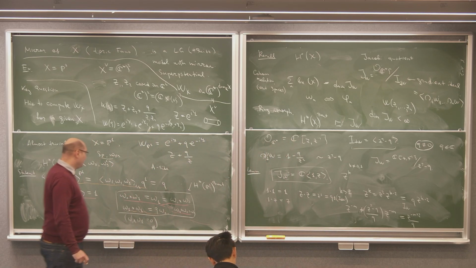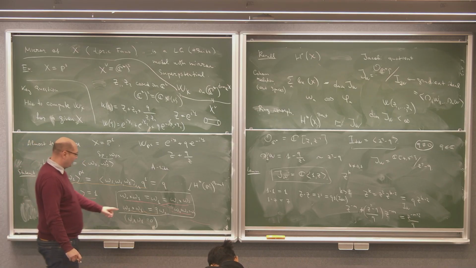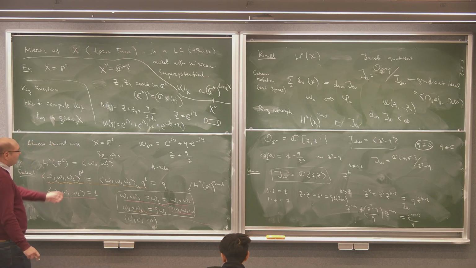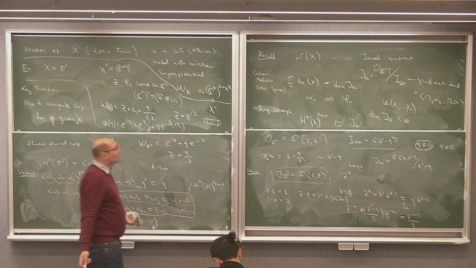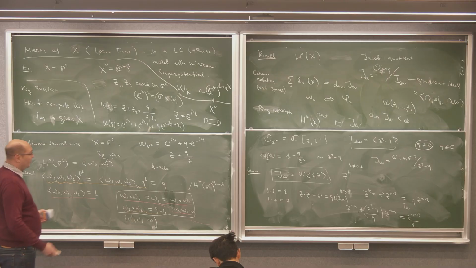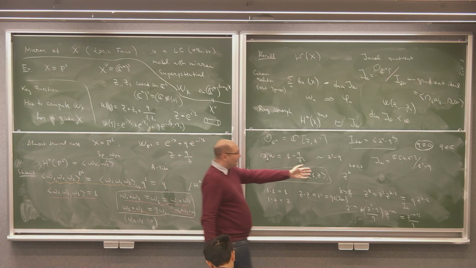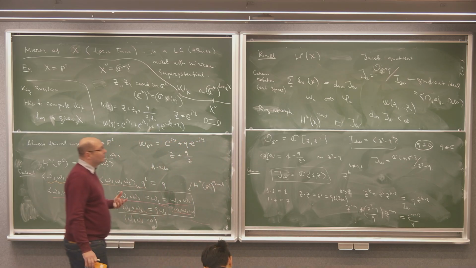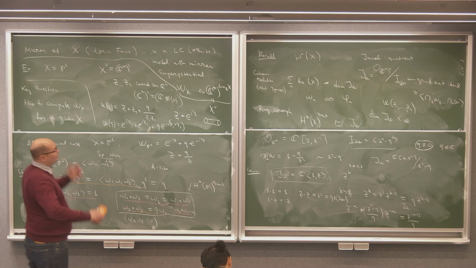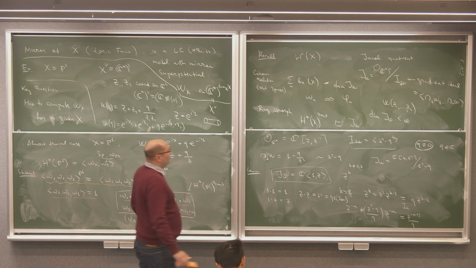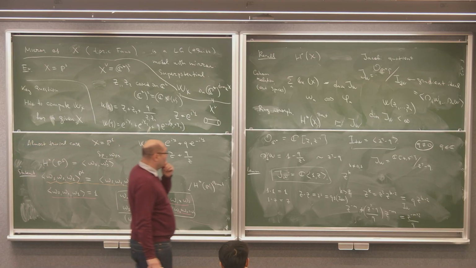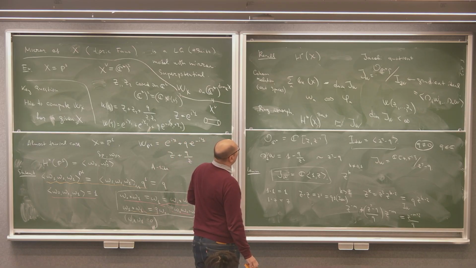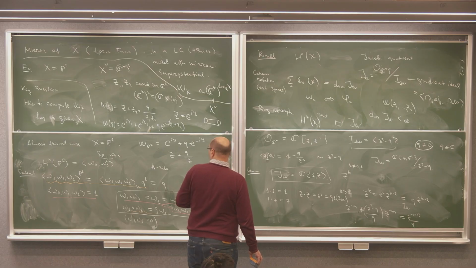So we reproduce the same quantum multiplication as we had on the A side. That is a way to verify the mirror relation: the Jacobi ring gives us the quantum cohomology ring for a given superpotential that we got from some physics consideration. Okay, so that was the consideration for P1.